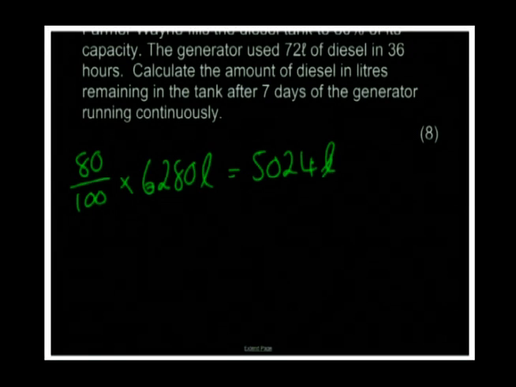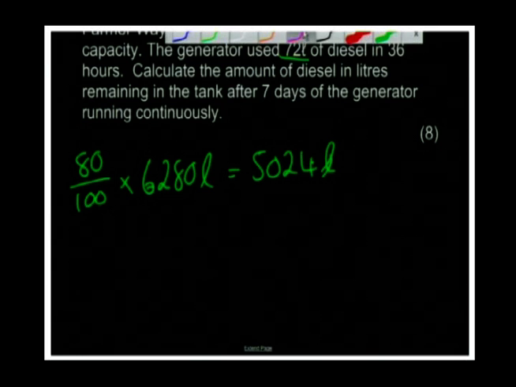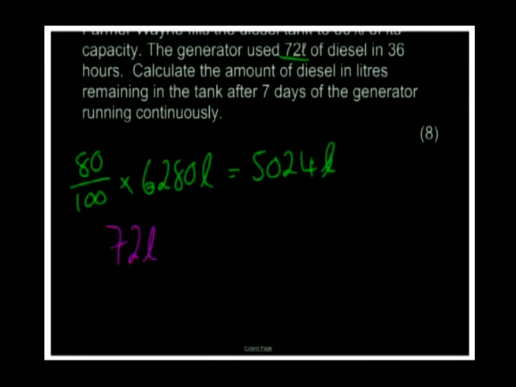Now, the generator, we told, uses 72 litres of diesel in 36 hours. Calculate the amount of diesel in liters remaining in the tank after 7 days of the generator running continuously. So we know he uses 72 liters in 36 hours.